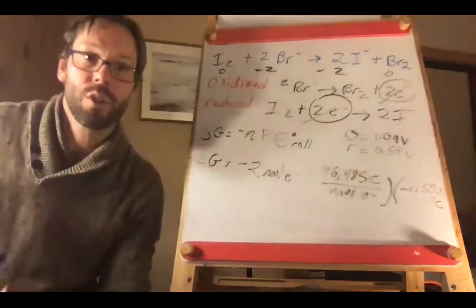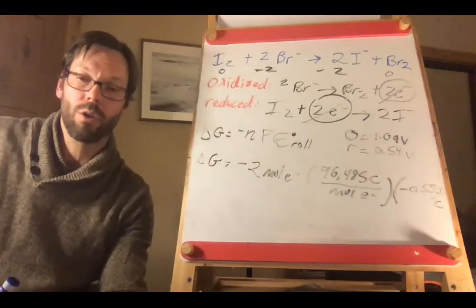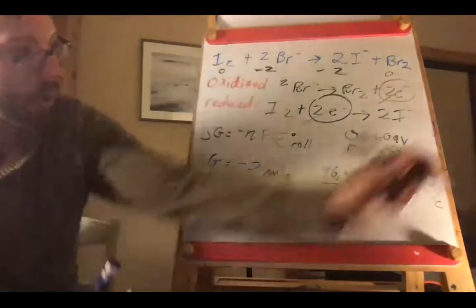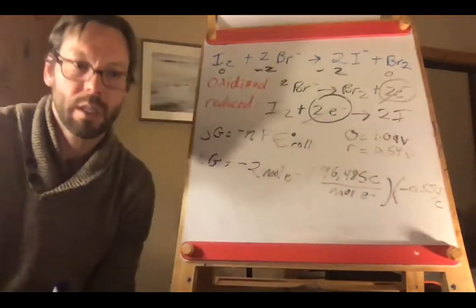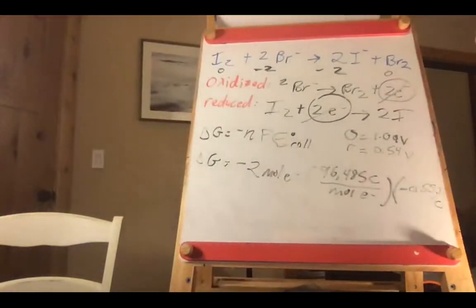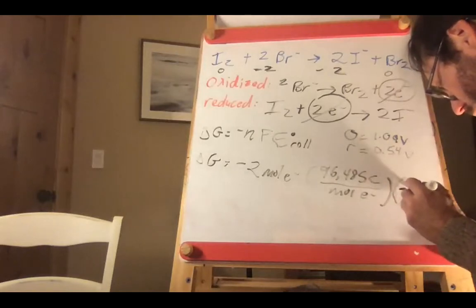Because remember, 1 volt is equal to 1 joule per coulomb. It's getting hard to see. Sorry about that. Maybe it's the marker. Let's move over here. That's better.